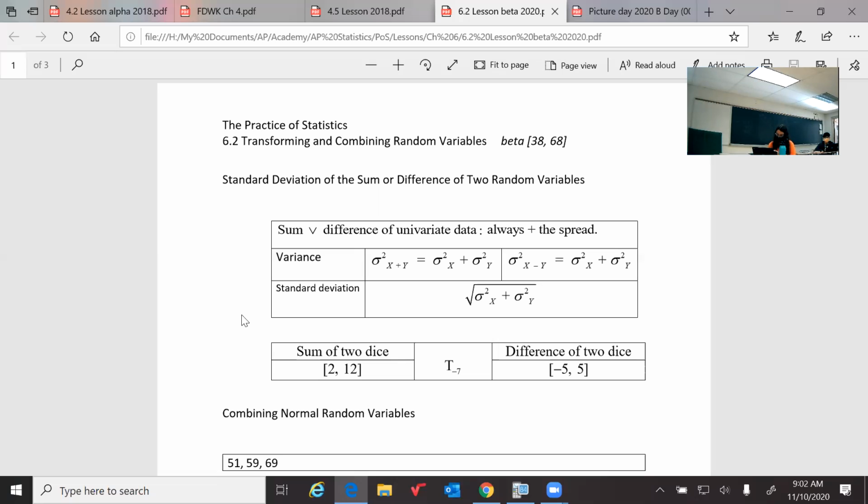So ready? 51 and 59 are the same data set. 51 and 59 have to deal with study habits. So we're going to give you a chance to do those 2 questions. We're going to go over those, and then we're going to send you back to do 69.